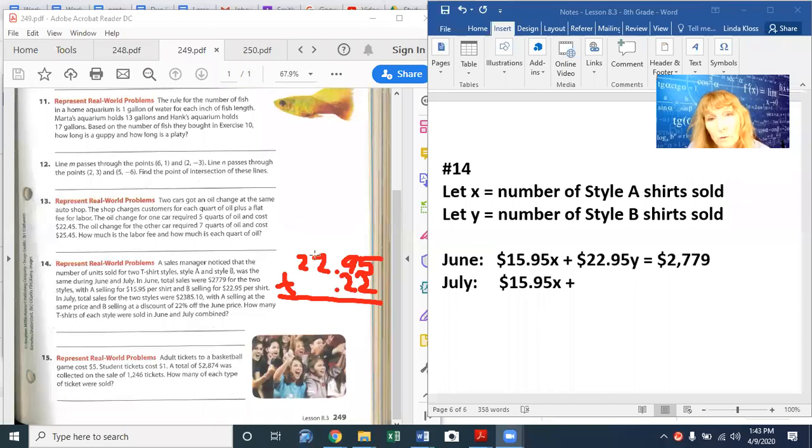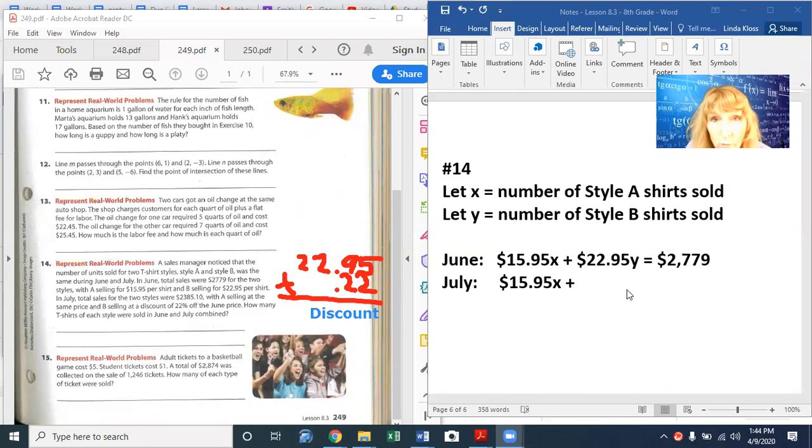So 22.95 times 0.22 will give you a number. That number is going to be the discount. Okay? You're not done yet. You've got to take the discount and subtract it from $22.95 to get the new price.